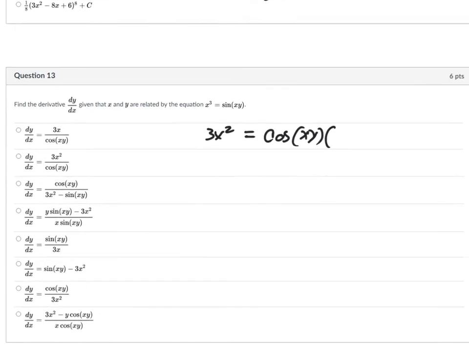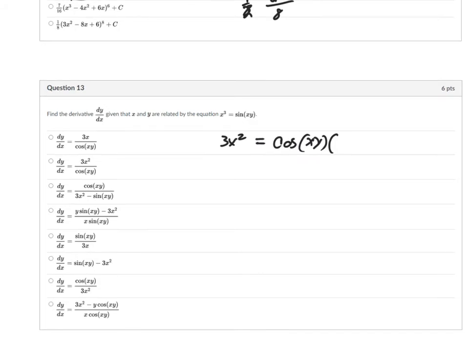And so product rule, we will say that we do the derivative of x times y plus the derivative of y times x, right? So the derivative of x is 1 times y, so y, plus x times the derivative of y, which will be dy dx. Okay? Okay, so we're basically done. All we have left is just to rearrange and get dy dx alone on one side of the equation.